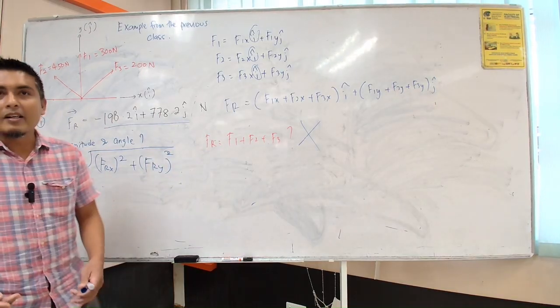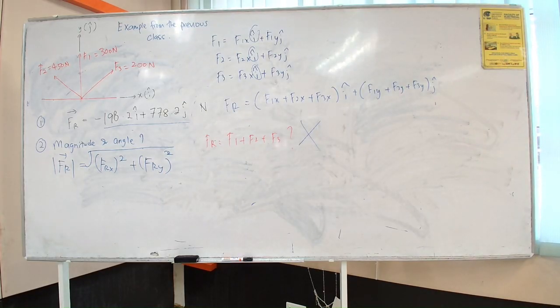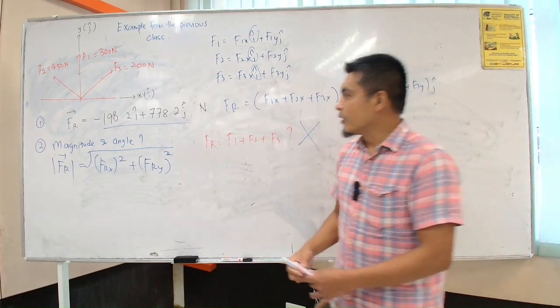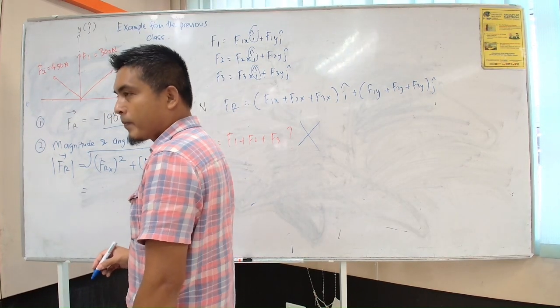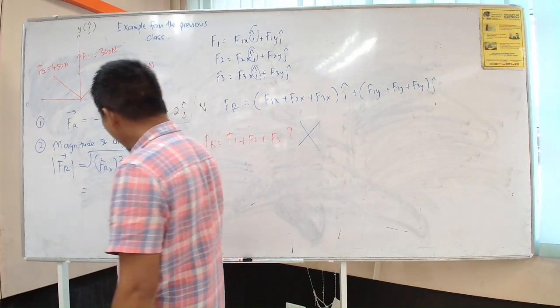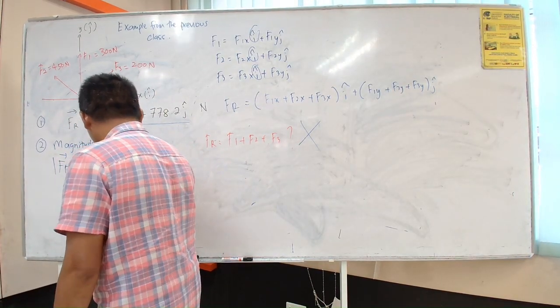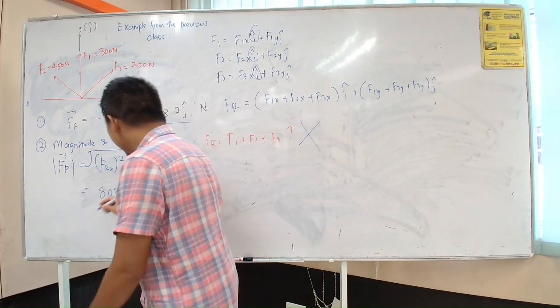This is the general formula for the magnitude. So it means that whatever courses you take, either control, statics, mathematics, and everything, this is the formula for the magnitude. Okay, so what is the final answer? 803.04 Newton.